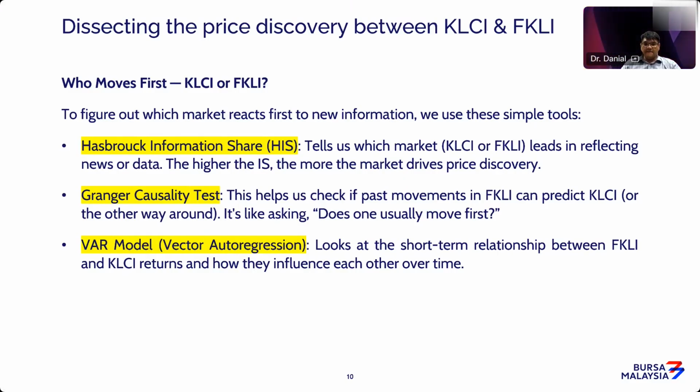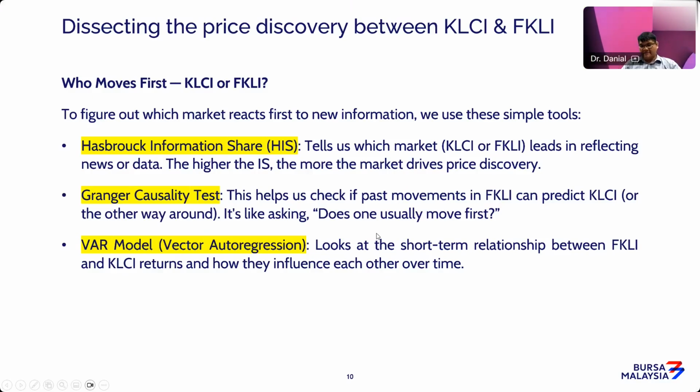So in this slide, I'm showing there are 3 methods, 3 approaches whereby we can confirm who is causing who to move, either KLCI causing FKLI to move or the other way around.